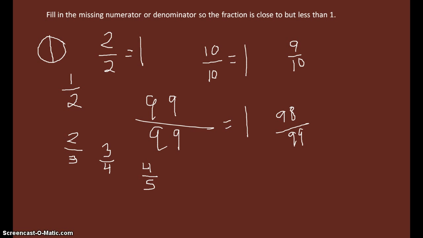Now, with that said, we can go ahead and work on our actual assignment where we fill in the missing numerator or denominator, so the fraction is close to but less than 1. Okay, so let's say that they give us a denominator that is 9. Now I can't put 9 up here or I'll have a whole, but I can put 9, take away 1, and that'll give me 8, and 8 over 9 would be very close to, but would be less than a whole.